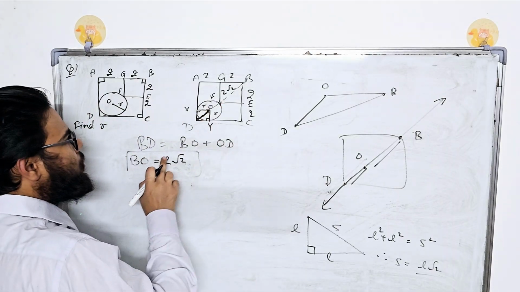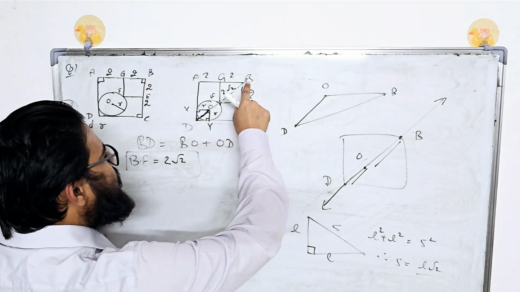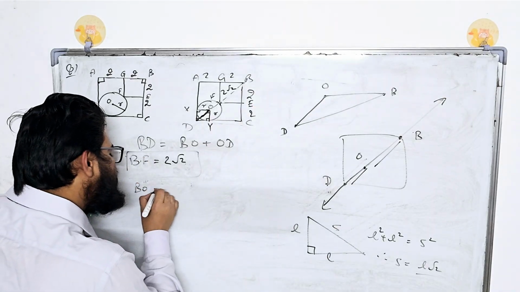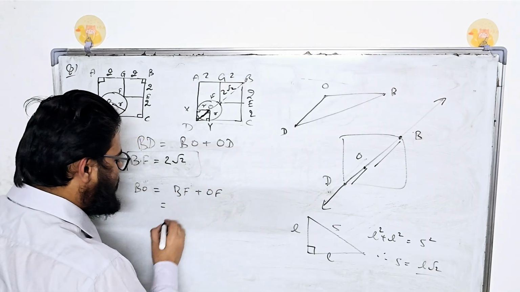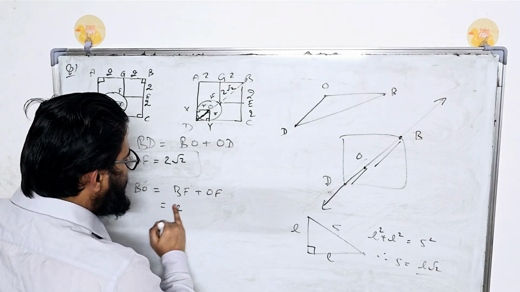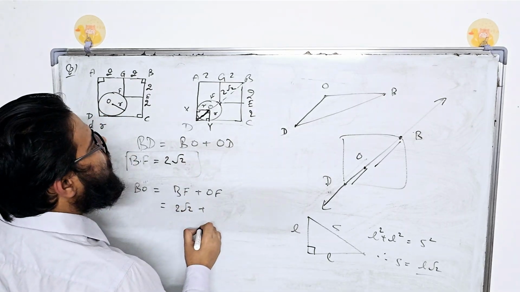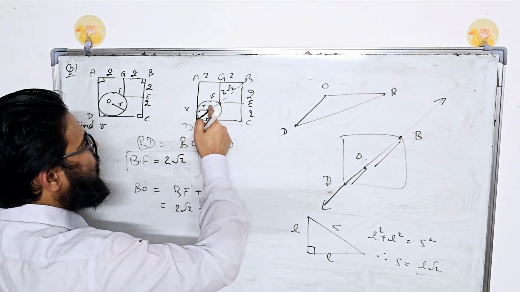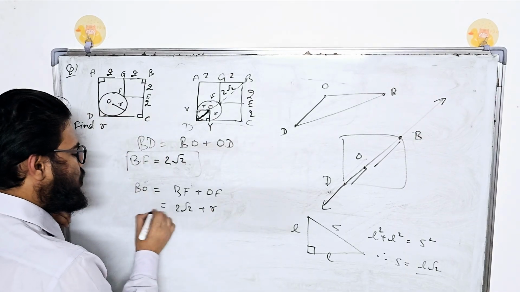So BF is equal to 2 root 2, right? Now what is BO? Well, BO is equal to BF plus OF, so it will be equal to 2 root 2 plus OF, which is equal to R, correct? So we have BO equal to this length.